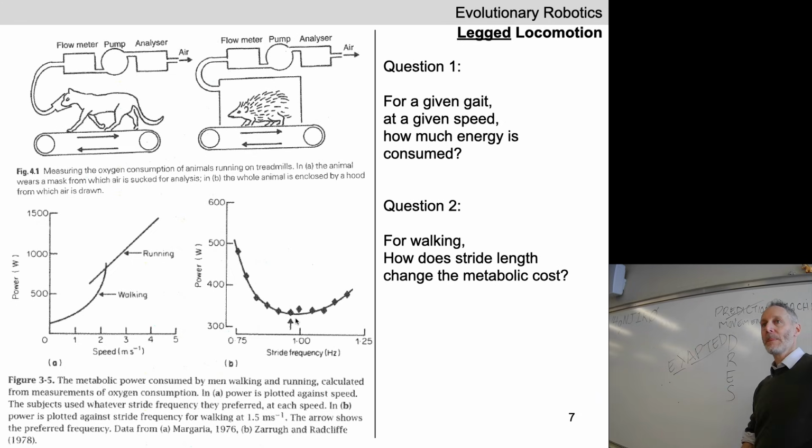Is that for a fixed velocity? Yes, sorry. 1.5 meters per second. So they put humans on the treadmill, moving at 1.5 meters per second, and they had a metronome. And they told the human males, every time you hear a click of the metronome, make sure a foot falls.